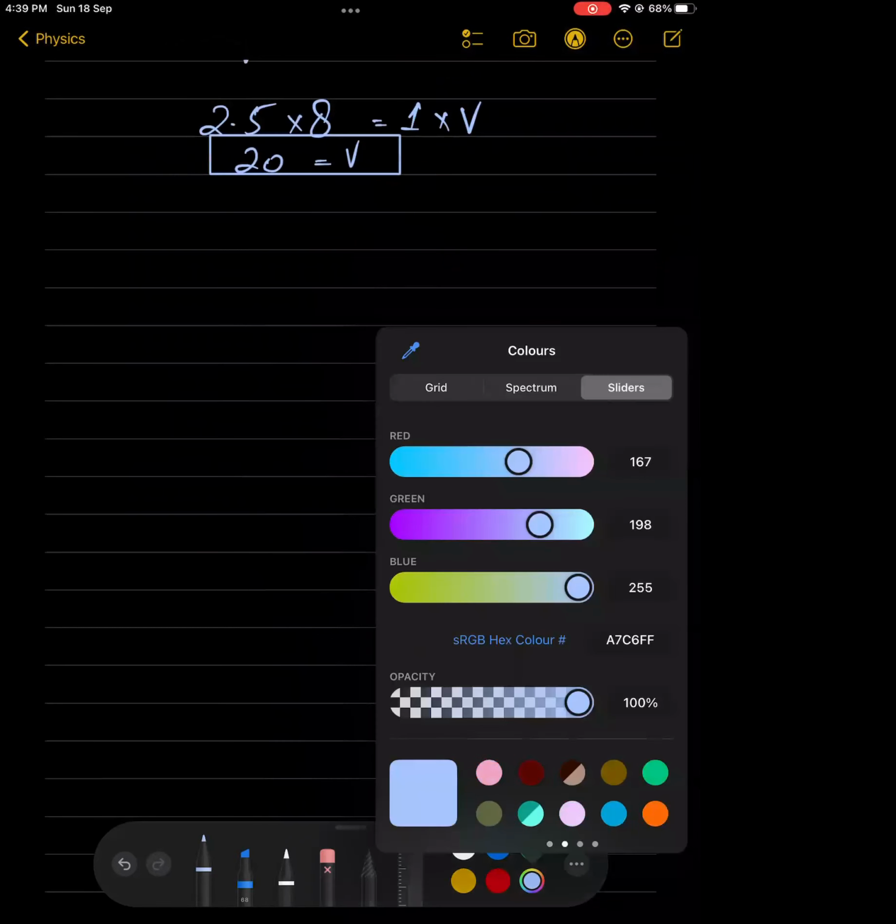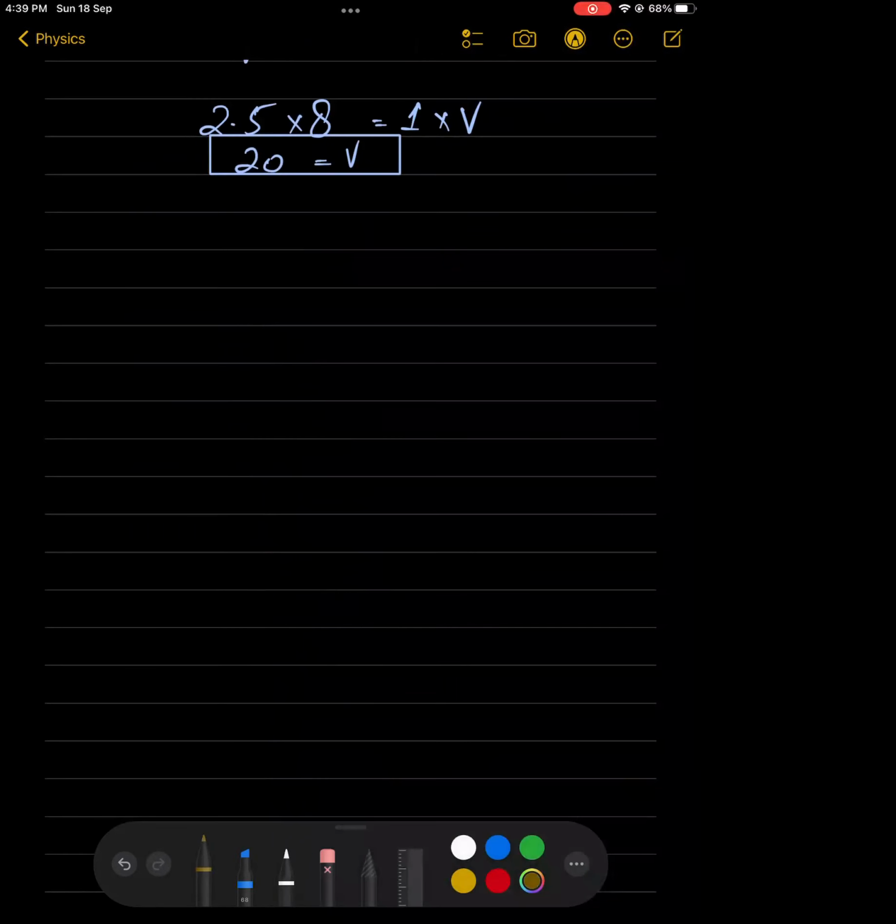So now we are moving forward and we now need to understand the concept of manometers. अब हमें manometers को समझना है.